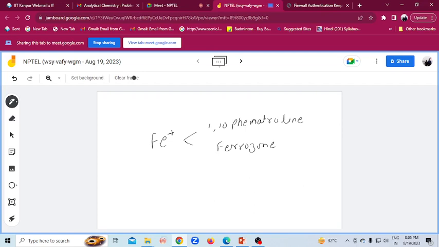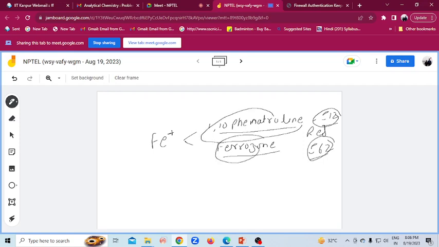These two indicators will give red color, but at different wavelengths, 510 and 562 nm. According to that, your spectrometer will read this wavelength and show that iron is present.